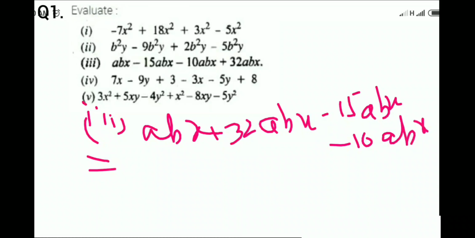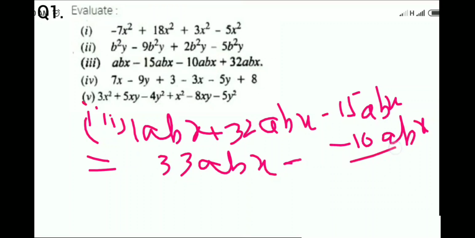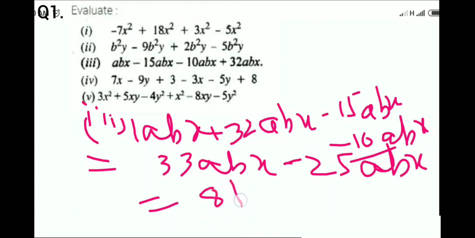Add the two, 32 and this is 1, therefore 33abx minus, add these two also, 10 and 15, 25abx. Now subtract, 8abx.